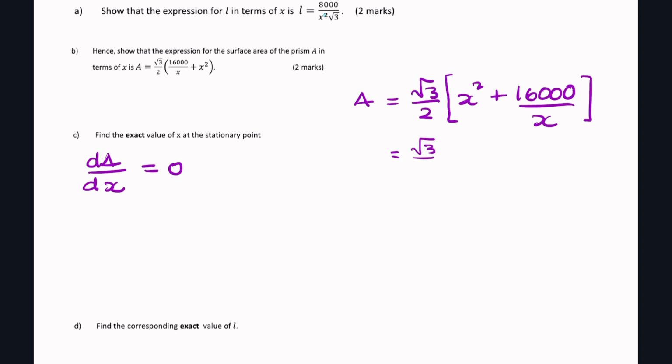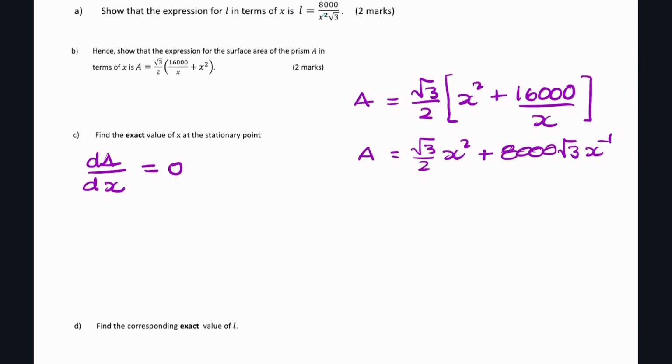So root 3 over 2 x squared plus 8,000 root 3 x to the minus 1. So x in the denominator I can write as x to the minus 1. That's going to make it easier to differentiate.